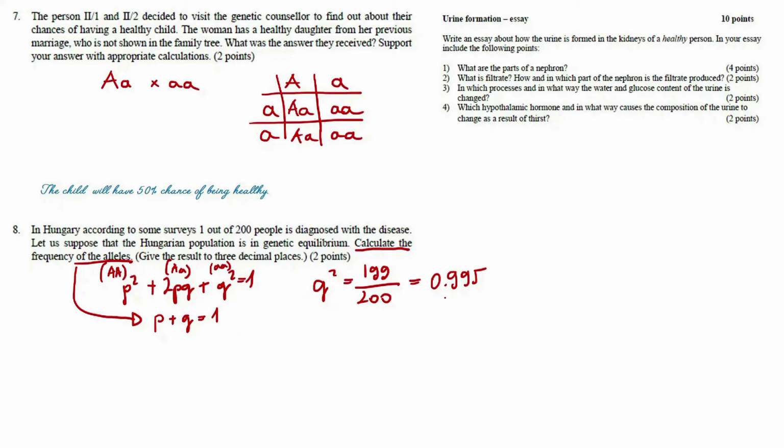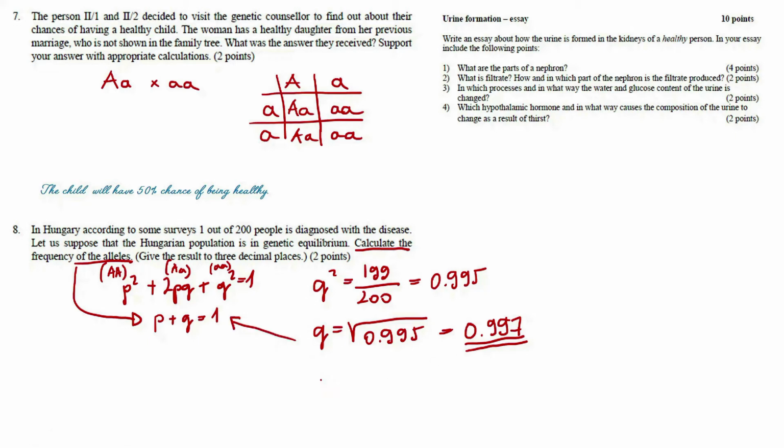Okay, and from this number, if you take the square root, you can easily calculate q, which is going to be 0.997. Okay, so we have the first number, the frequency of the recessive allele.